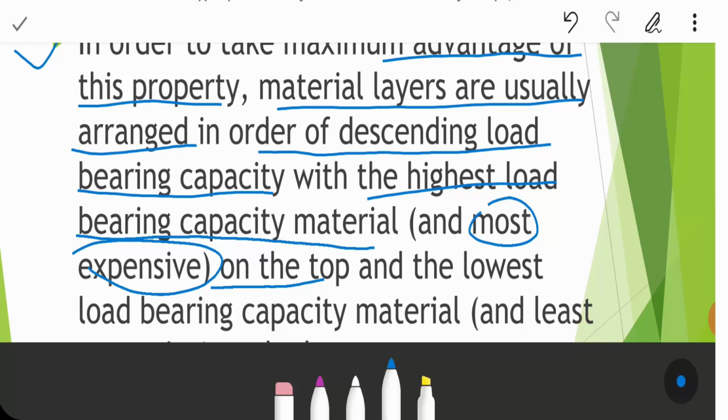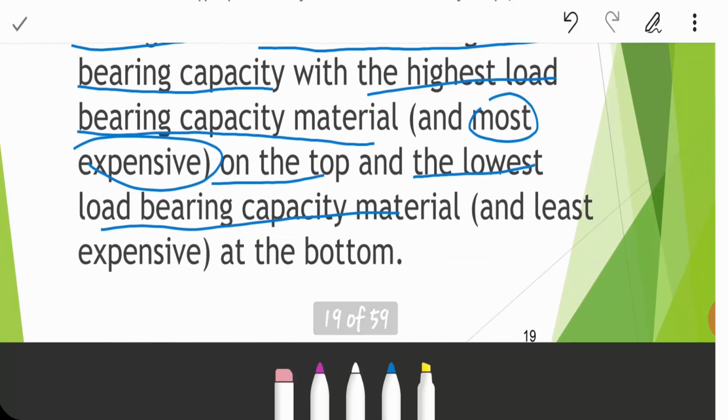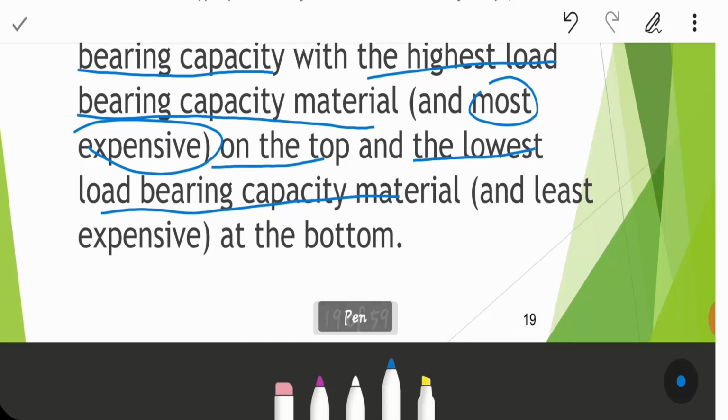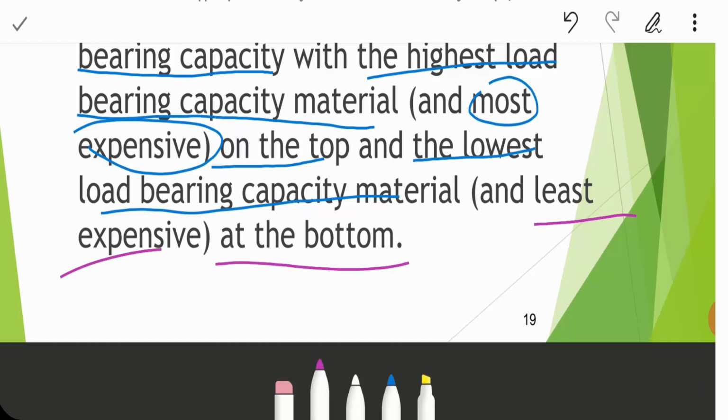Okay, the lowest load bearing capacity material on the bottom, which is least expensive. Clear?